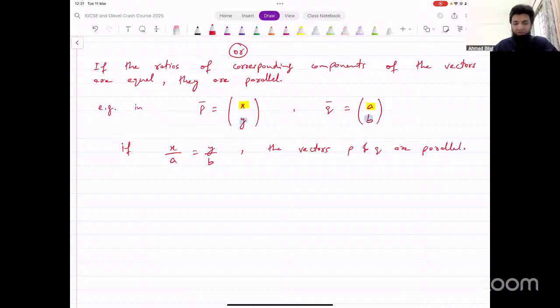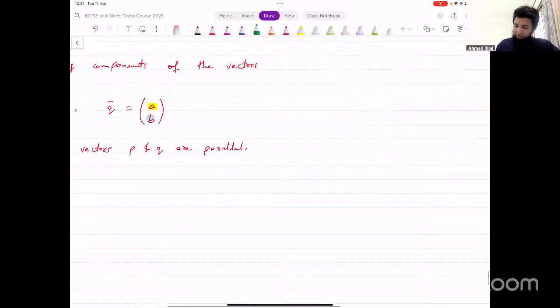Another way to think about this is that when you have a vector xy, remember this is the x component, this is the y component. So the vector goes like this. If you have a vector like this, it has some x component and some y component. If you do y component over x component, that's basically change in y over change in x. You can also find the gradient using this.